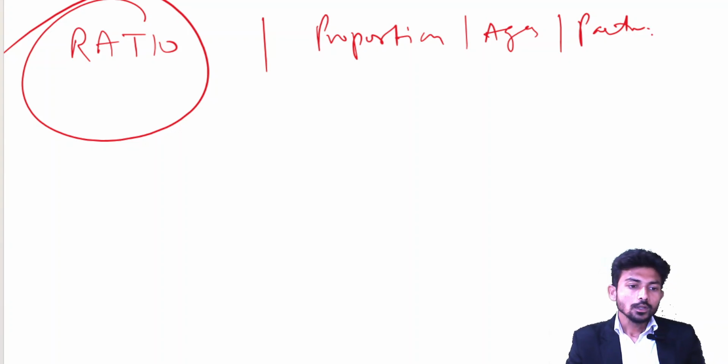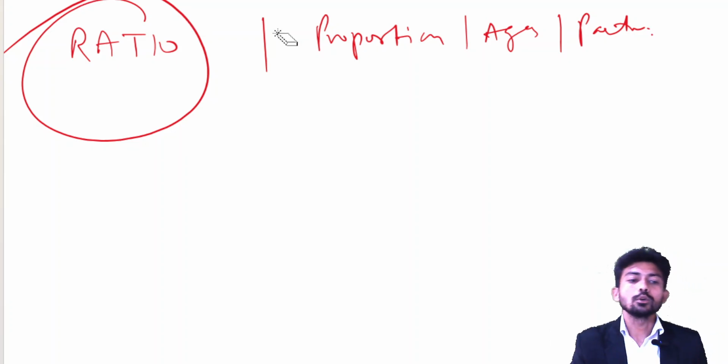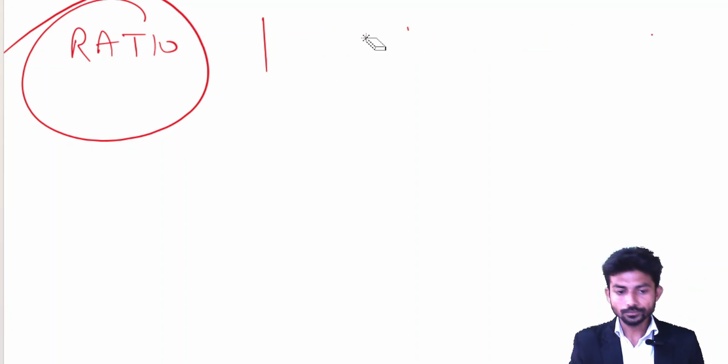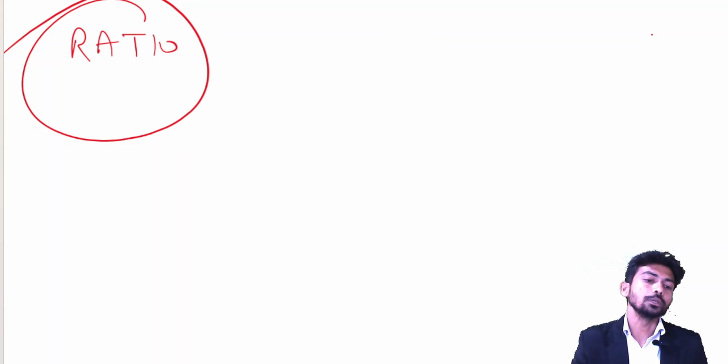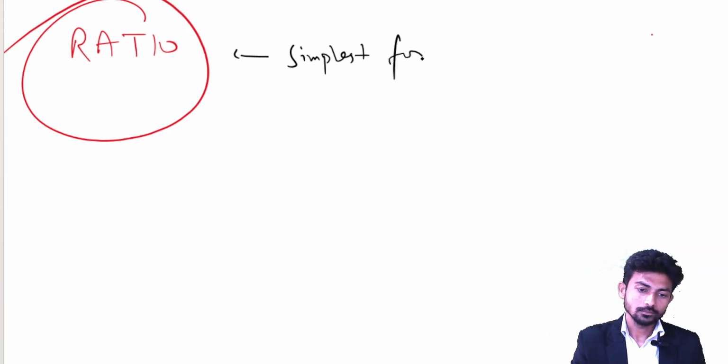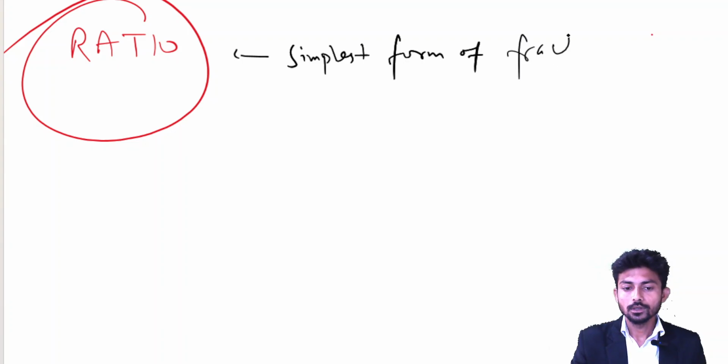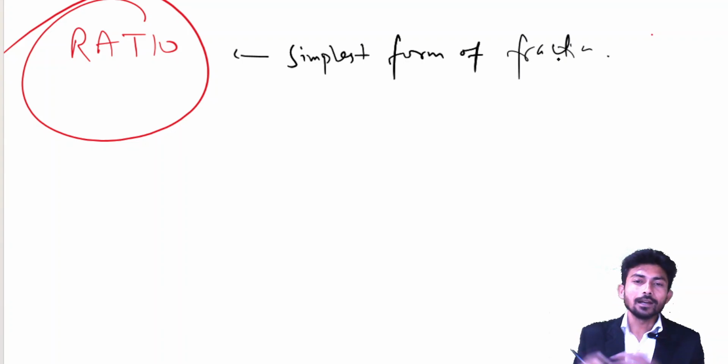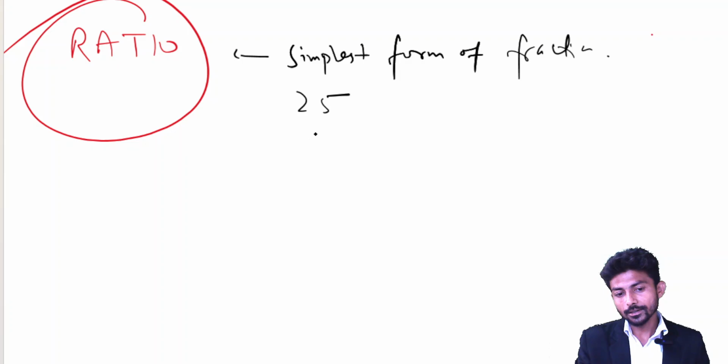If we see the definition of ratio, we call ratio the simplest form of a fraction. Let's suppose we have a fraction, let it be 25 by 20.